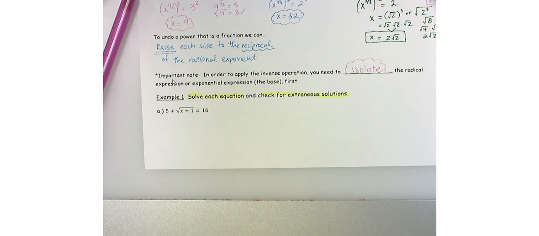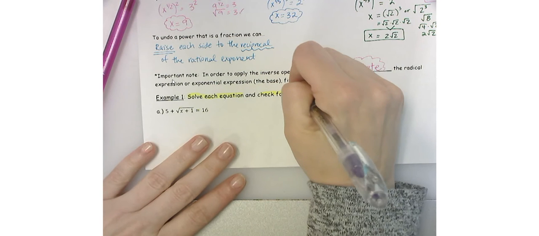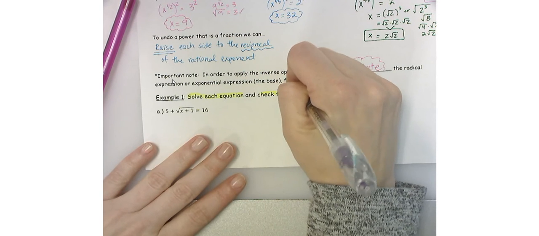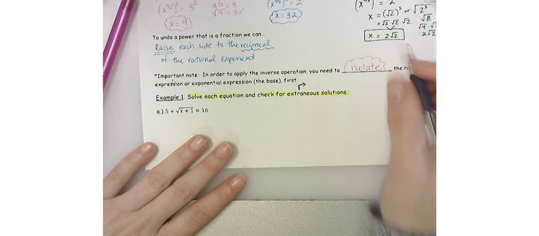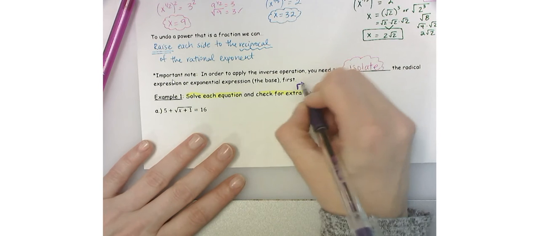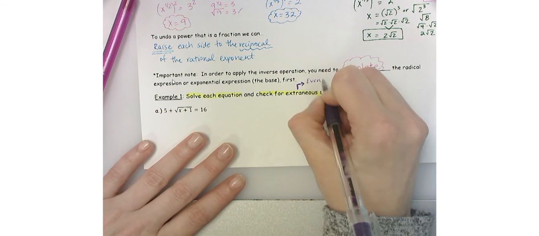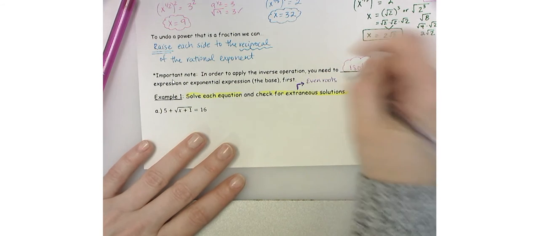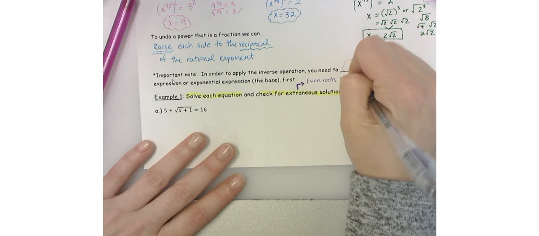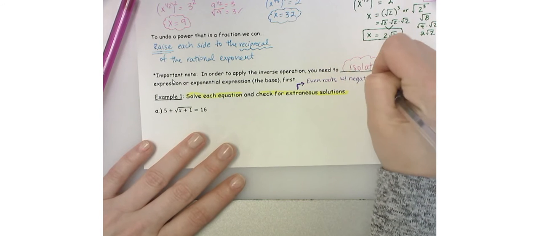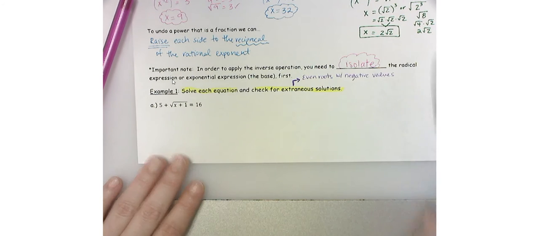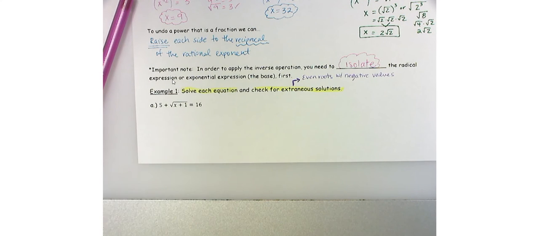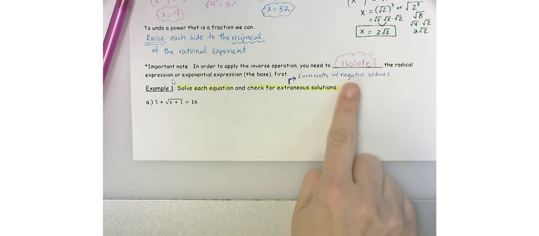Okay, so you want to look out for even roots with negative values. Okay, that's what we gotta watch out for. Now that doesn't mean that you can't have a negative answer. You can. It's just when you plug it back in, whatever you get, that can't be negative.